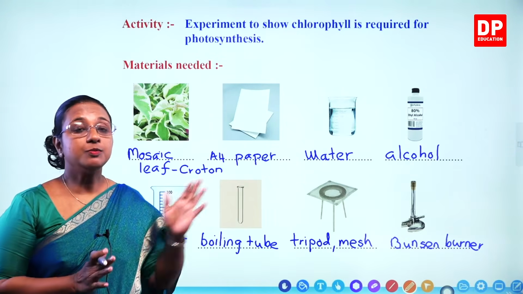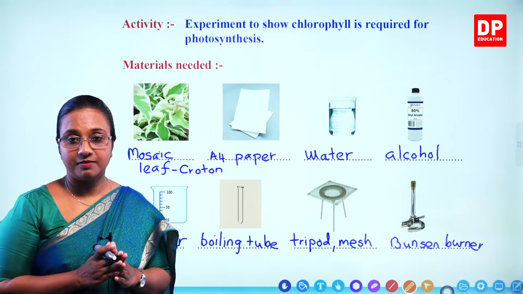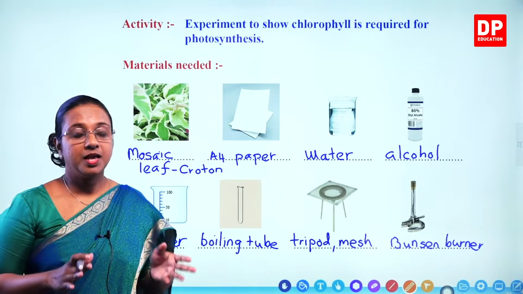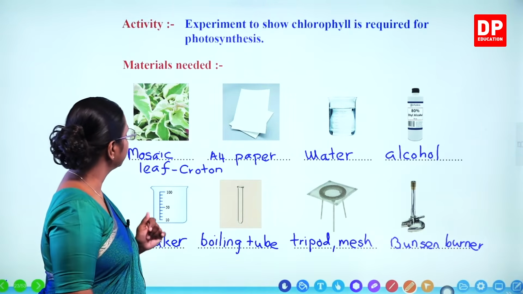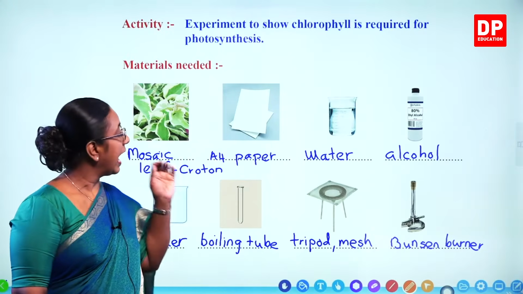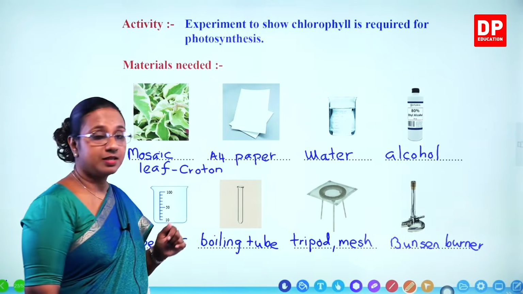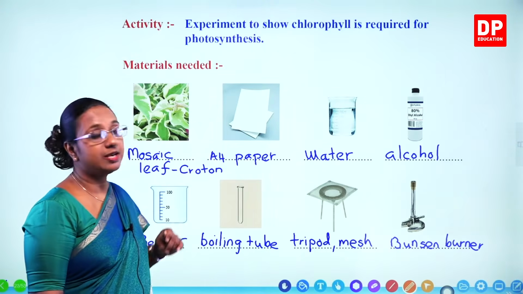So here we don't need to keep the plant in the dark for 48 hours. No need, because we are going to directly pluck a leaf, that is a mosaic leaf, for example a croton leaf, and then we draw the shape of the leaf by placing the leaf on a white paper.